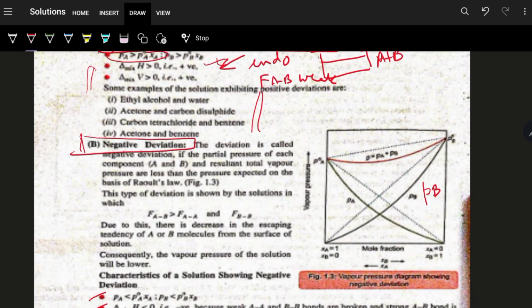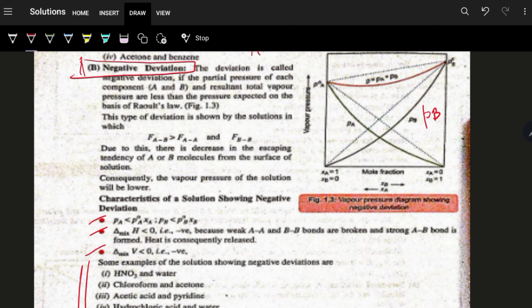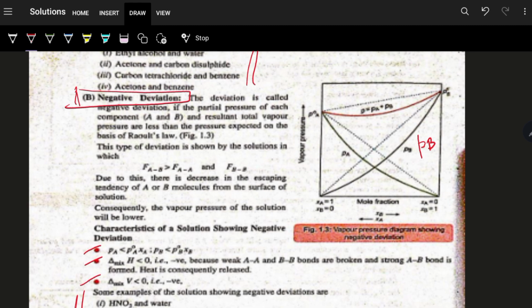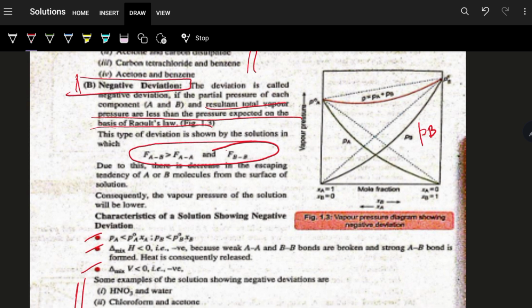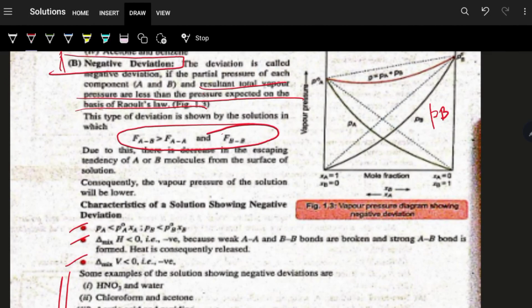So next is negative deviation, which is just opposite to that of positive deviation. Negative deviation means the vapor pressure of the resultant solution is less than expected from Raoult's law. And if the vapor pressure is less, that means AB interaction is a stronger interaction than AA and BB, or I can say the solute to solvent interaction is stronger than the interaction existing between the solvent particles and the solute particles.